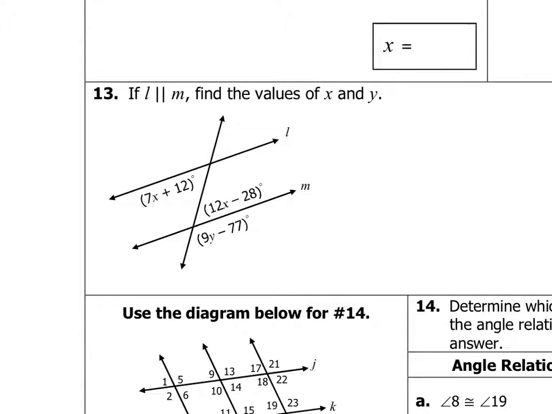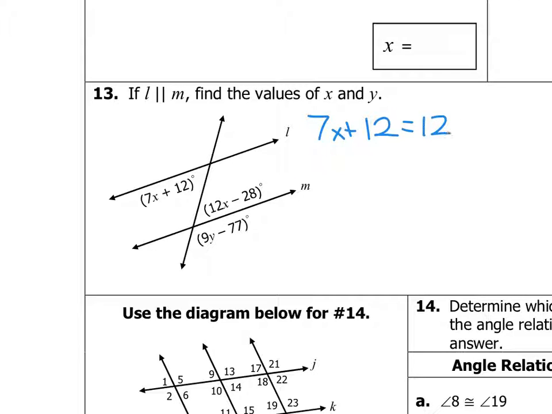13, we're going to solve for x and y. So you got to do 2 problems in order to achieve this goal here. All right, these two x expressions are alternate interior angles, which means they're equal to each other. So first start by setting them equal to one another.